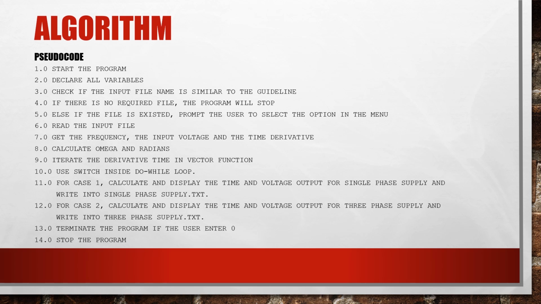For case 1, calculate and display the time and the voltage output for the single-phase supply and write into single-phase supply.txt. For case 2, calculate and display the time and voltage output for the 3-phase supply and write into 3-phase supply.txt. Terminate the program if the user enters 0. Last but not least, stop the program.